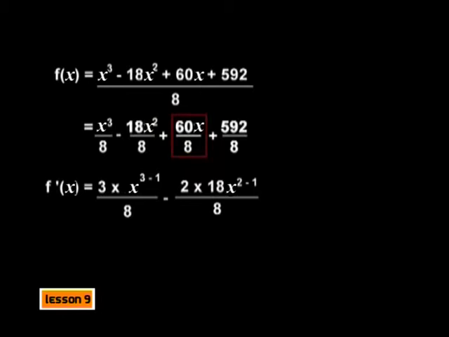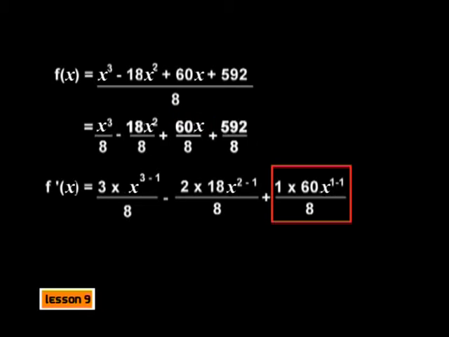The next term is 60x. Now the exponent, which is 1, even though it is not written here, comes to the front, and I get 1 times 60x to the power of 1 minus 1, all divided by 8.